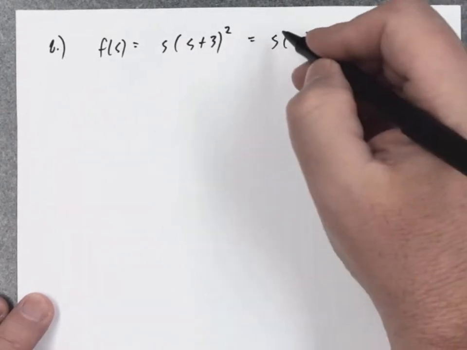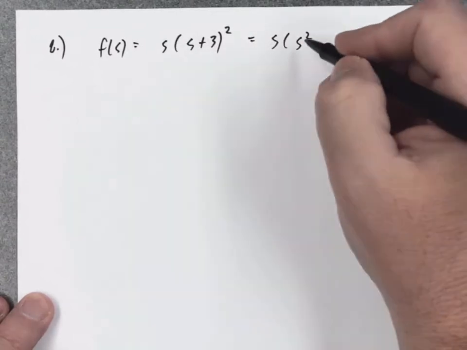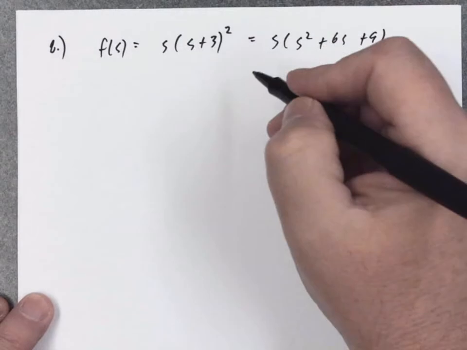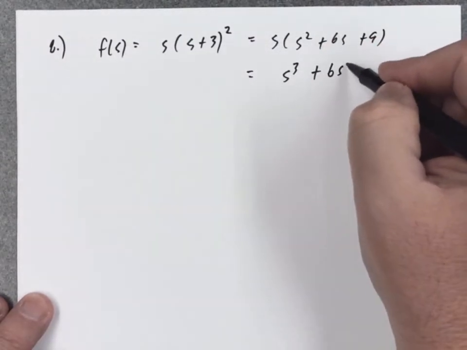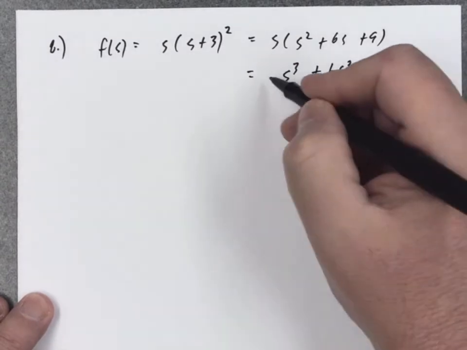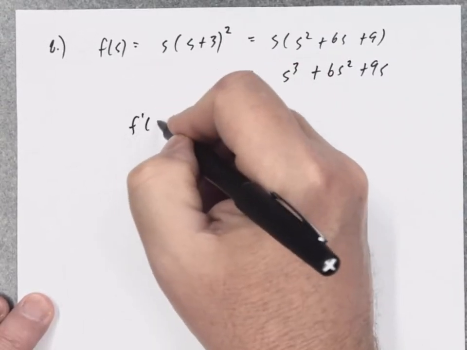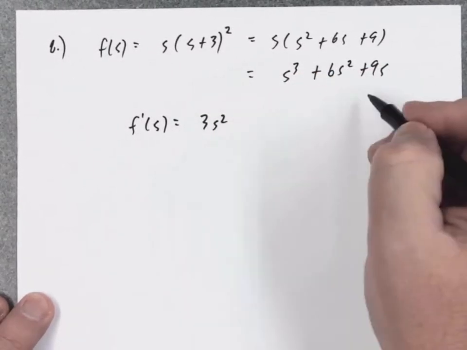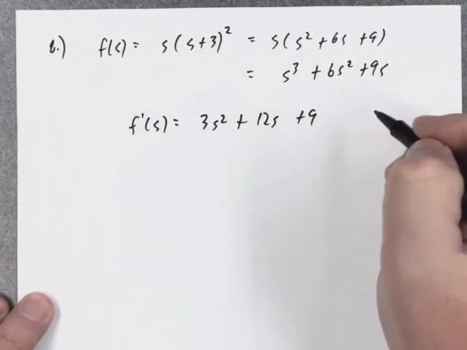So when I FOIL this, this is s plus 3 times s plus 3, right? So you get s squared plus 6s plus 9. And when I multiply them out again, this now is my function without any parentheses. So the first derivative is going to be 3s squared plus 12s plus 9.